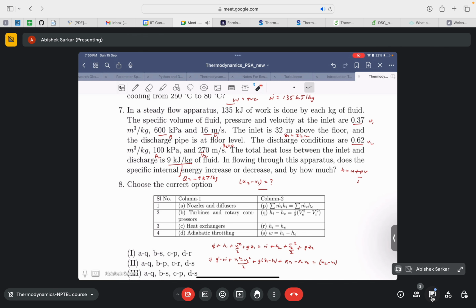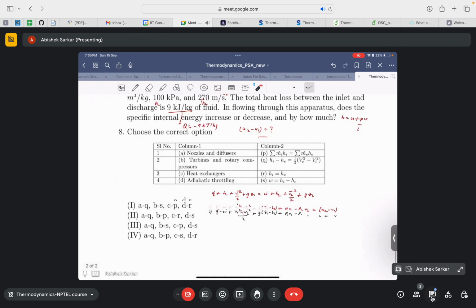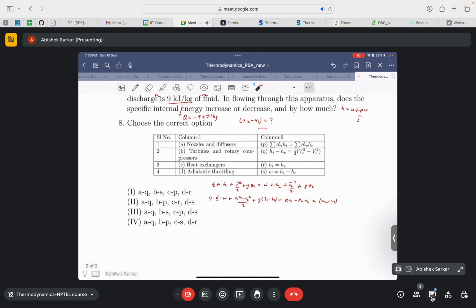Okay, so let me just verify. This term turns out to be minus 160. Then 32 into 9.81 into 0.001 would be 0.314.